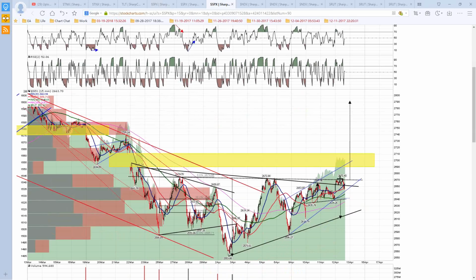We can, but we don't need to. We've now broken up from all of the IHS necklines on ES, SPX, NQ, NDX, TF, and RUT. This means that if we are going to see a Janus flag reversal, which would be a reversal back to this low here, then we're in the inflection point where that can start.